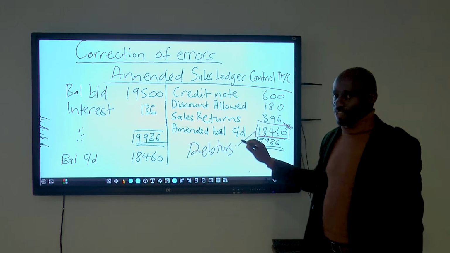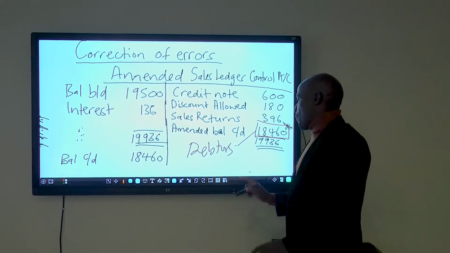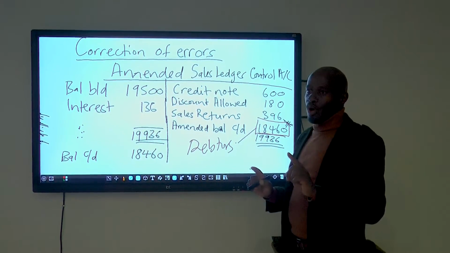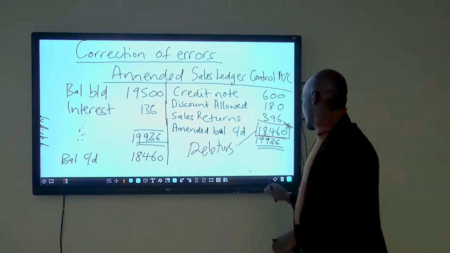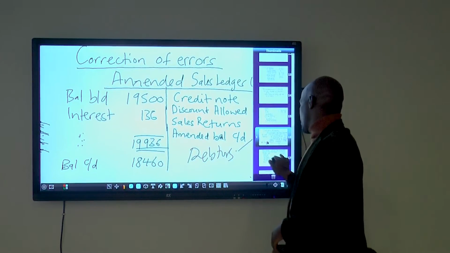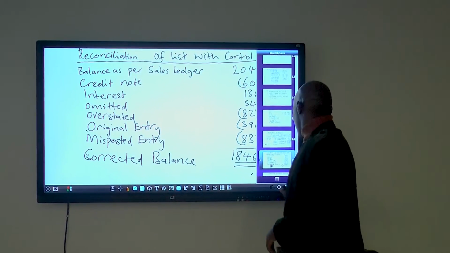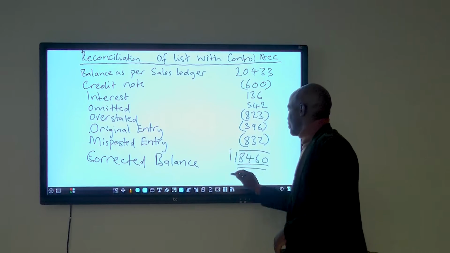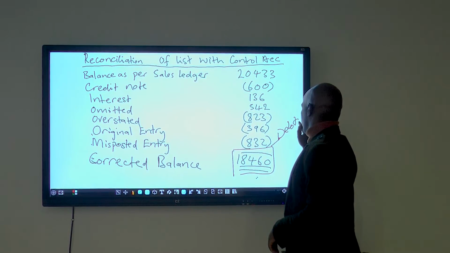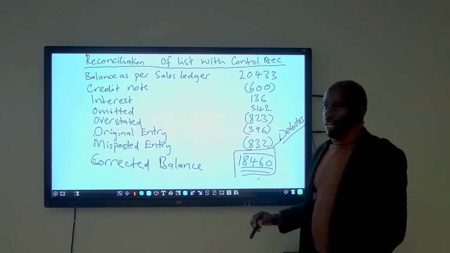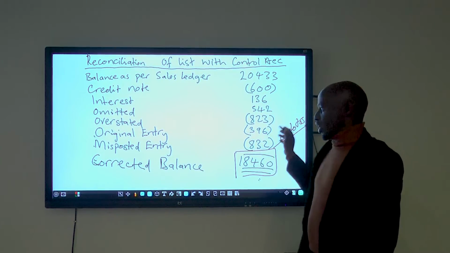Now this debtors figure should be the same as the one found in the sales ledger balance, right? So let's check our statement of reconciliation. You will then agree with me that this is our debtors figure there. Now that does it for the correction of errors.